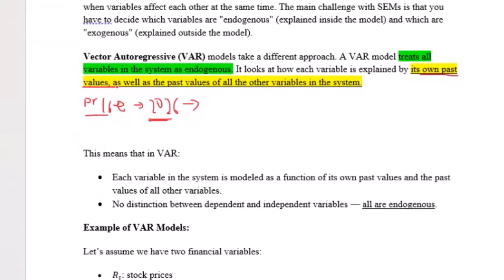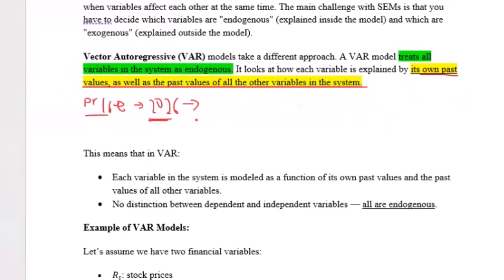Now, in case this price is also affected by demand, you also see how price is affected by the demand of 2025, the demand of 2024, the demand of 2023, etc. So that's why we are saying as well as the past values of all other variables in the system. So this is the most key one.